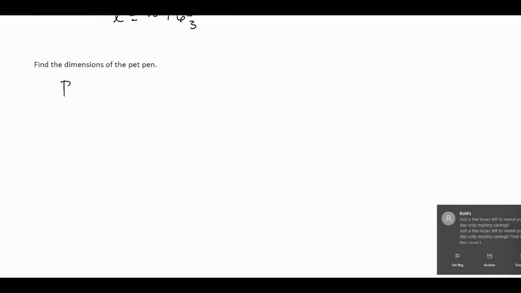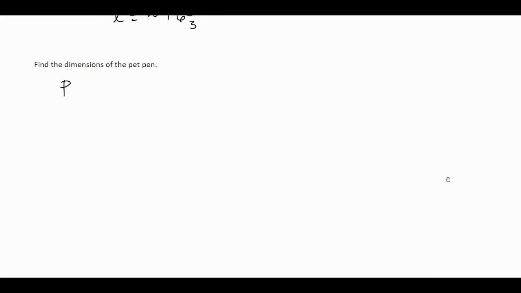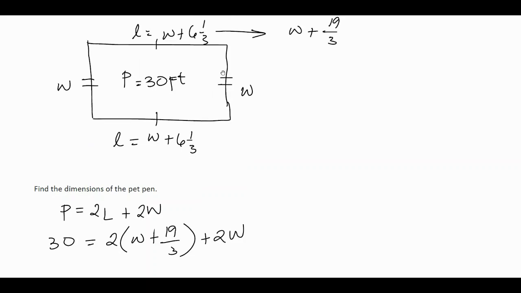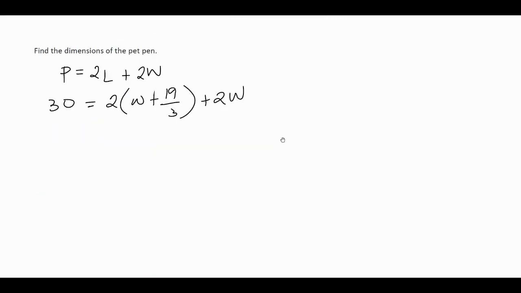So for us to find the dimensions, if a perimeter is given, it's going to be 2 length plus 2 width. So the given perimeter is 30 is equal to 2 times the length, which is W plus 19 over 3, plus 2W, because that is what is given, right? As you can see here.